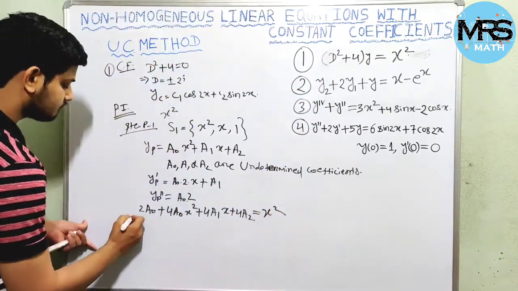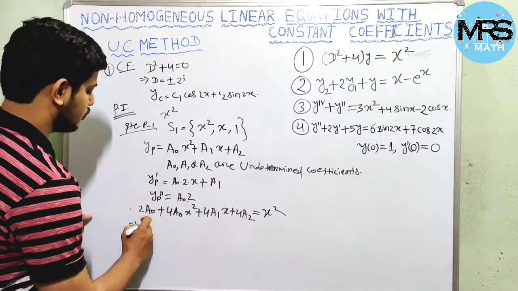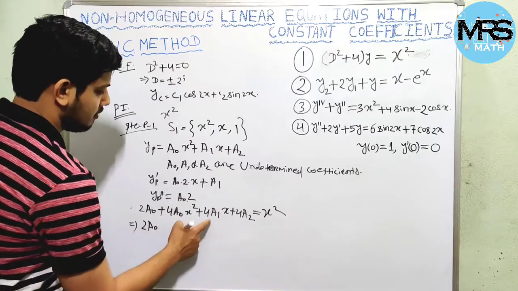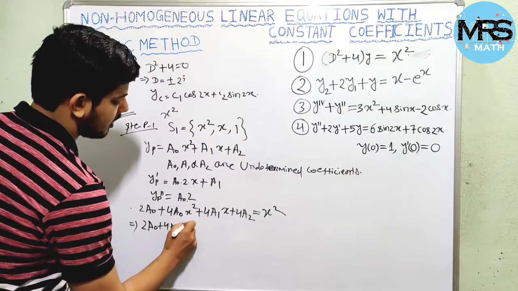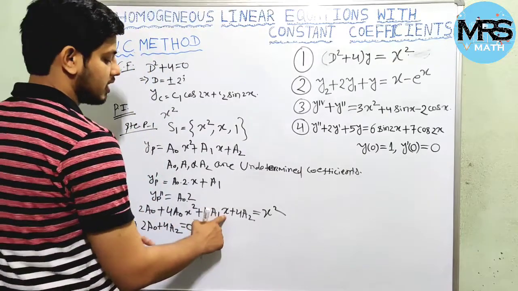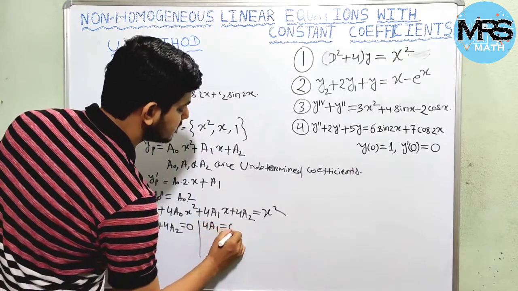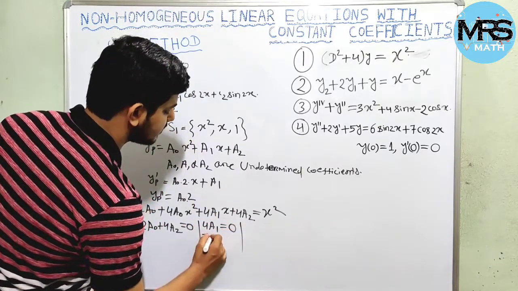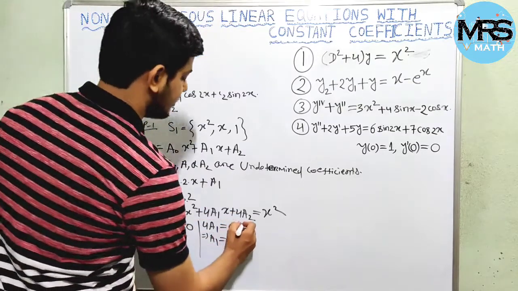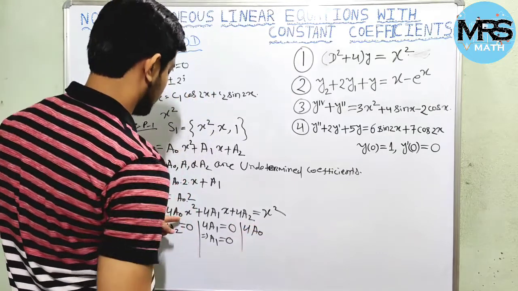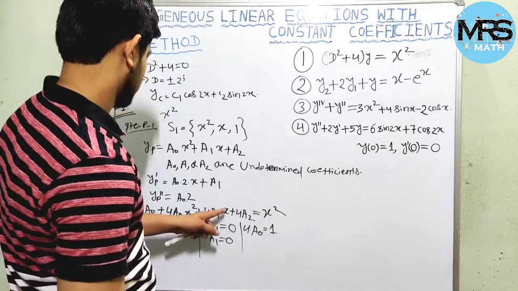If we compare both sides, we get 2a0 plus 4a2 equal to 0. Comparing the coefficients of x, 4a1 is equal to 0, that means a1 is equal to 0. Now the coefficient of x square is 4a0, which is equal to 1.